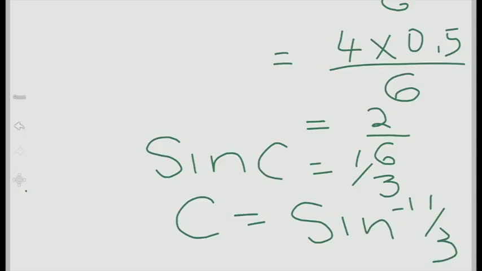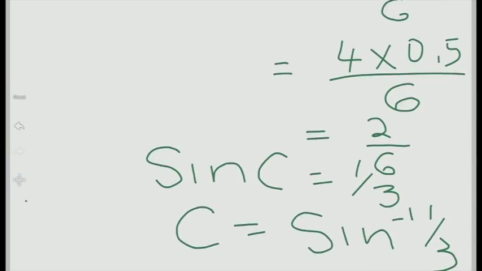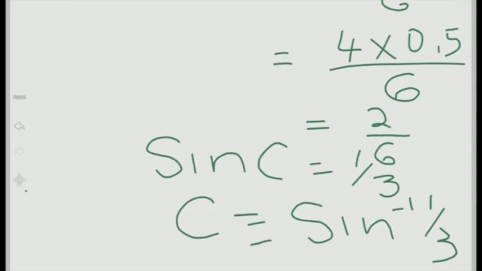In your calculators, you punch second function sine and then 1 over 3, and you're going to get angle C, which is going to help us get angle B. Remember, we're looking for angle B. Arcsine of 1 over 3 is 19.5, which means angle C is 19.5 degrees. That is angle C.